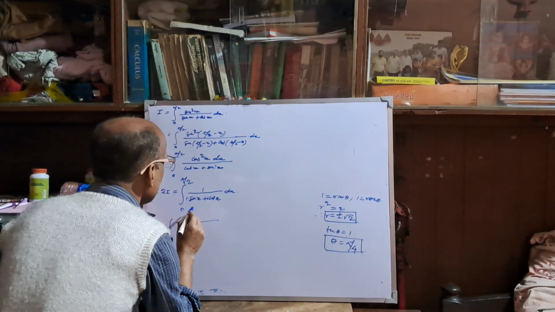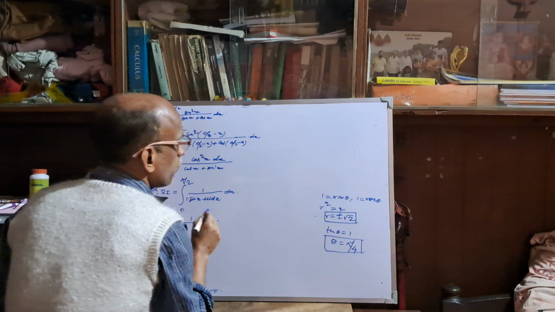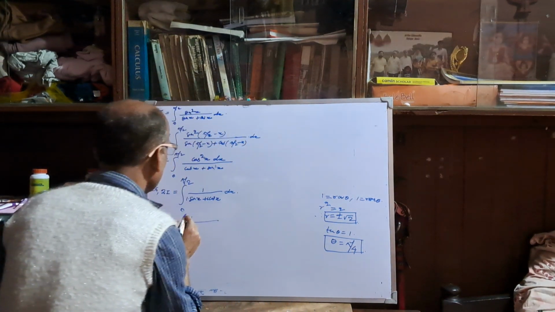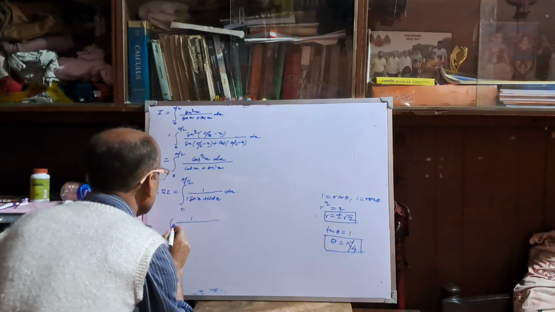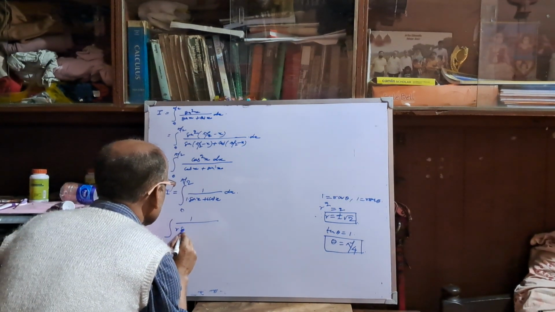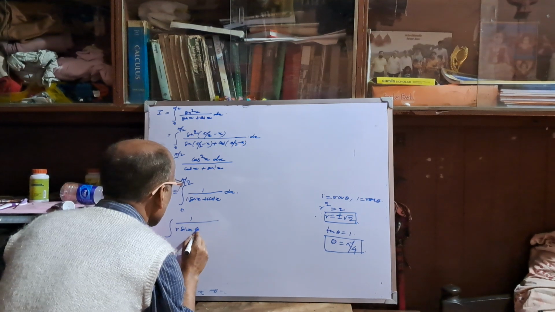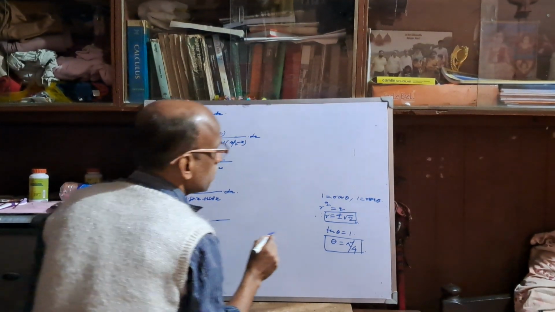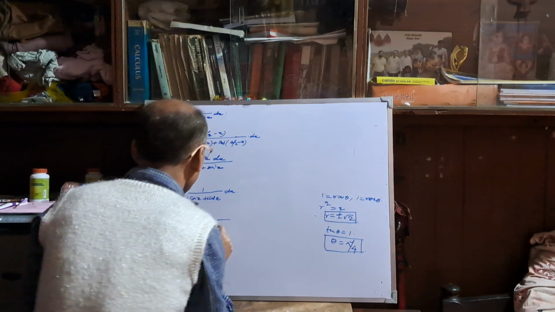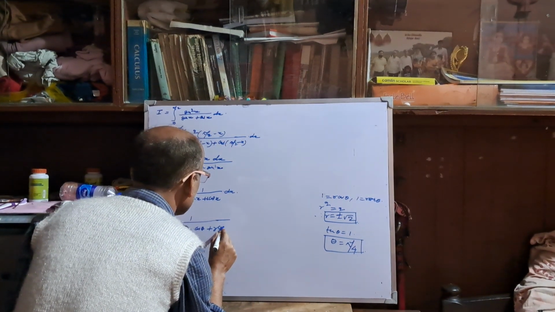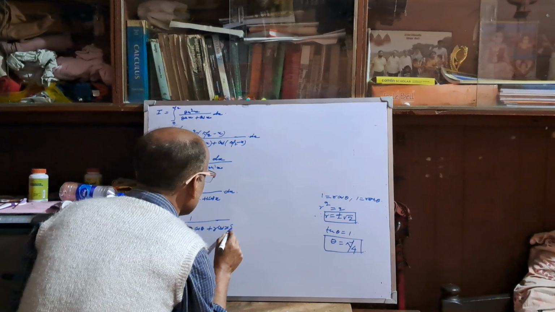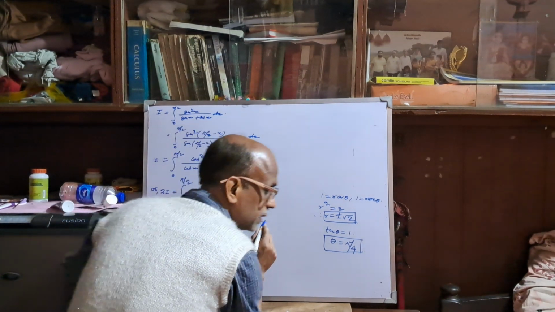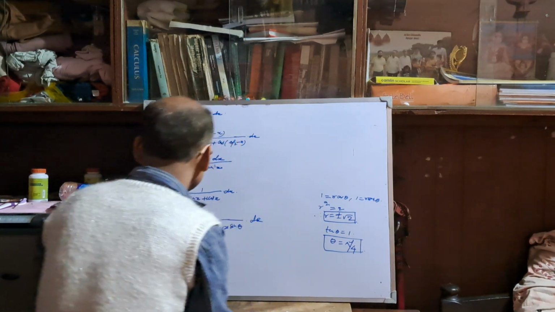First of all, I am showing you the indefinite integral here. So in this case it will be r sin x cos theta plus r cos x sin theta, and that is dx.